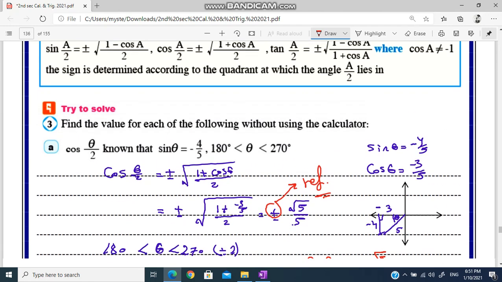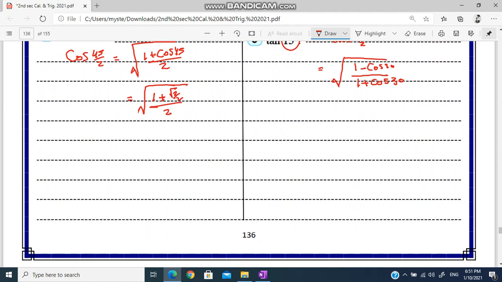So it equals root of (1 minus root 3 over 2) over (1 plus root 3 over 2).